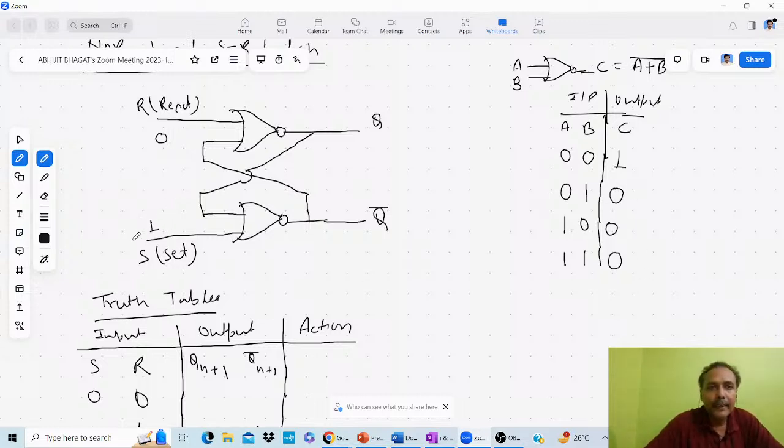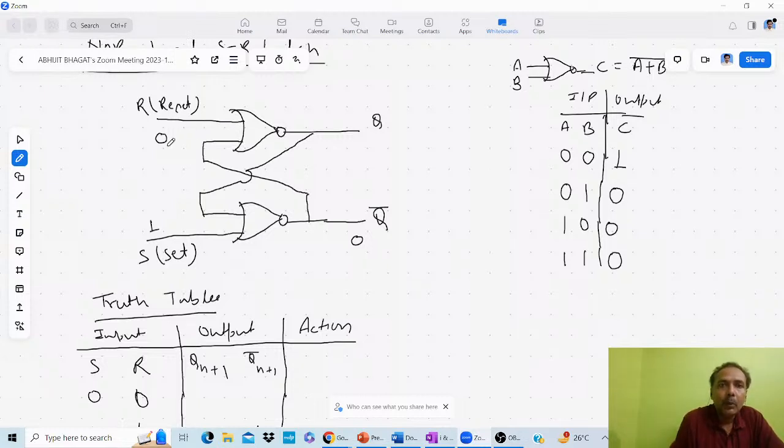So here this S is 1, means whatever this input, the output is 0, means your Q bar will be 0, since S is 1. Now when this Q bar is 0, this is one input of this gate.